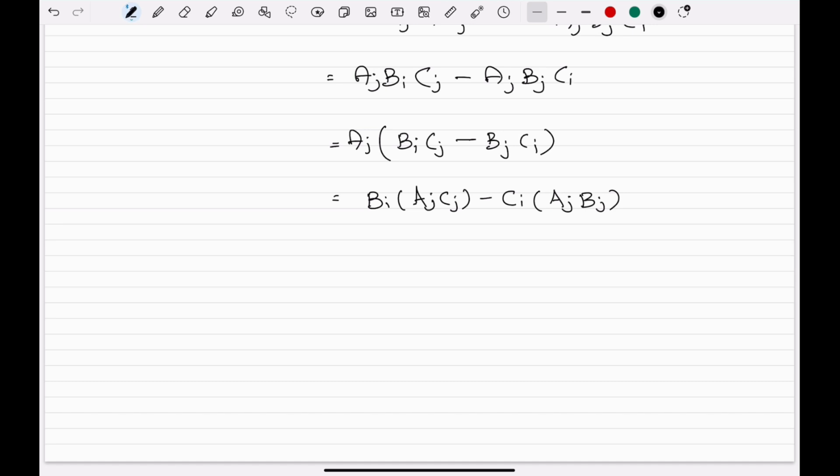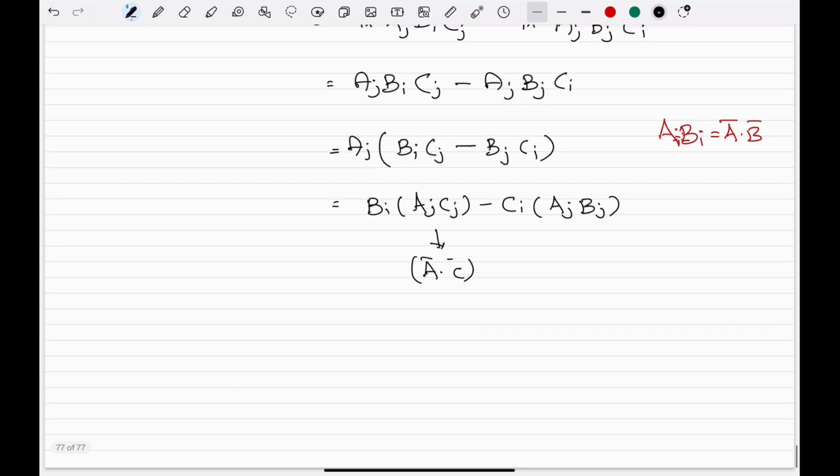It's a dot product. AIBI is equal to A dot B. Similarly, AJ CJ will be A dot C. BI AI is equal to A.